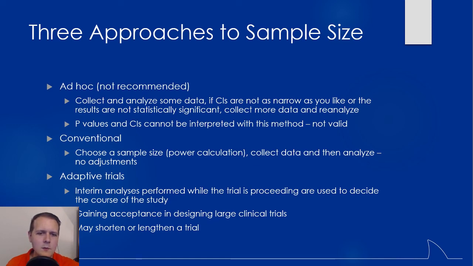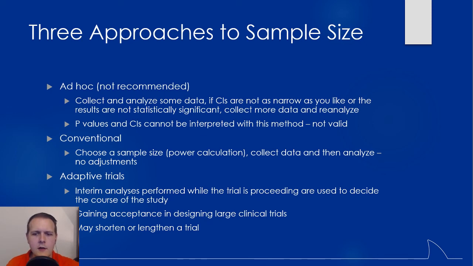To do that, we do what we call a power calculation, where we determine how many people we need to recruit into a study in order to show a given difference. That way, if we run that study and we don't find a difference, we can be relatively assured that there's no difference there. Versus if we do find something, we say the data set was definitely powered to find that difference, and we found it.